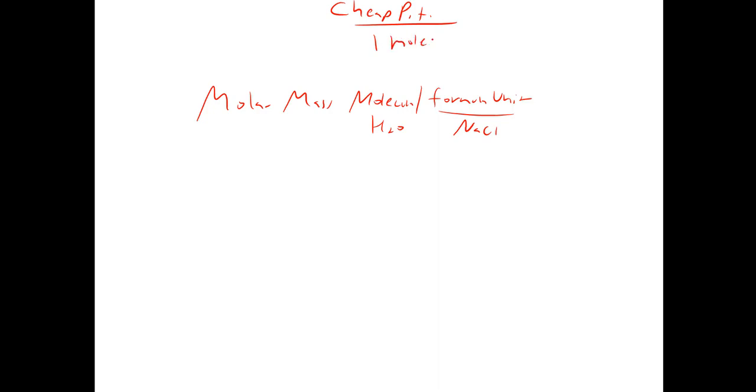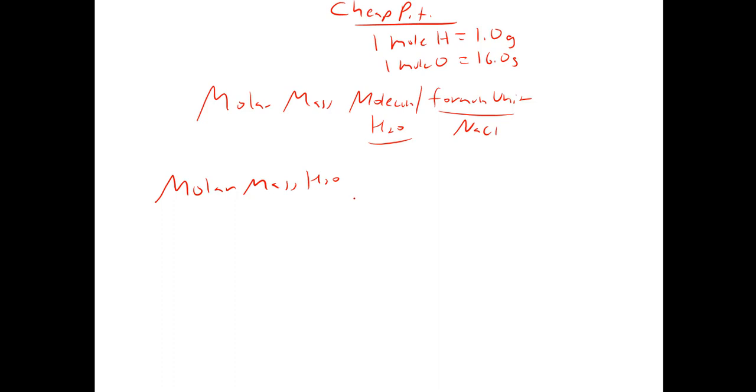So 1 mole of hydrogen is going to be 1.0 grams. 1 mole of oxygen is going to be 16.0 grams. So we need to go ahead and find the molar mass for H2O.